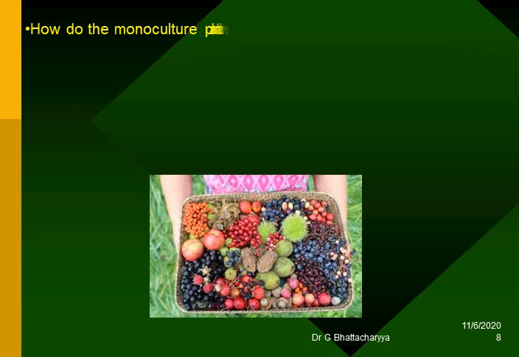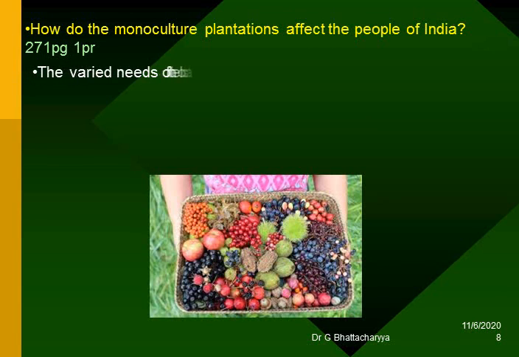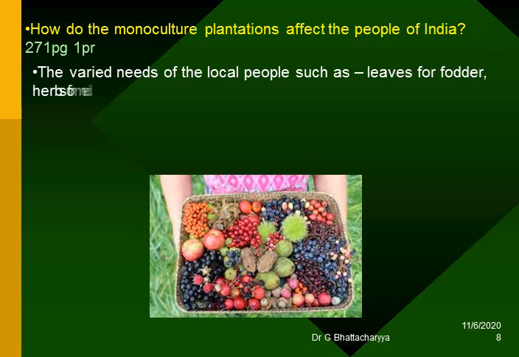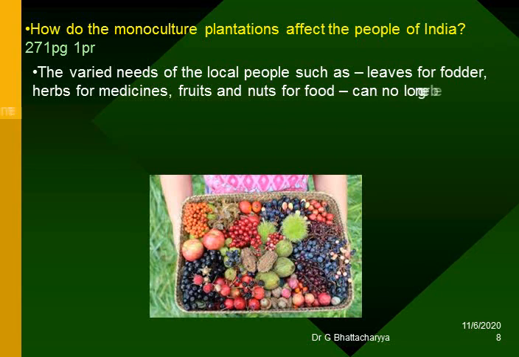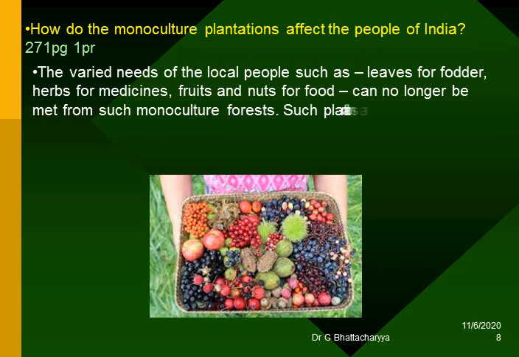How do the monoculture plantations affect the people of India? The varied needs of the local people, such as leaves for fodder, herbs for medicines, fruits and nuts for food, can no longer be met from such monoculture forests.